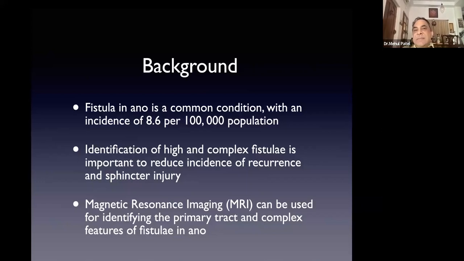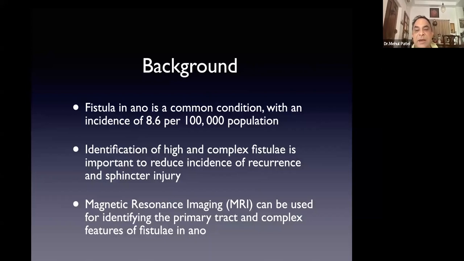But times have evolved with the ease of MRI and the fact that many more people can interpret this sort of MRI nowadays. I think you will agree that virtually every patient with a fistula gets an MRI. This is a change in thought process.